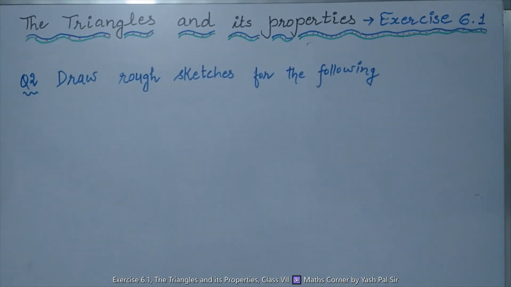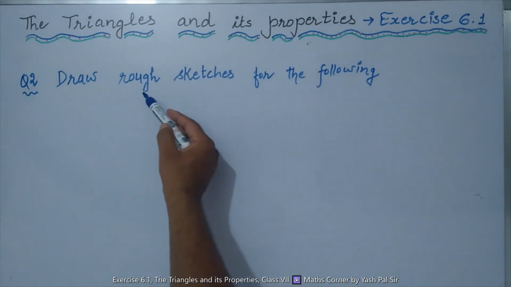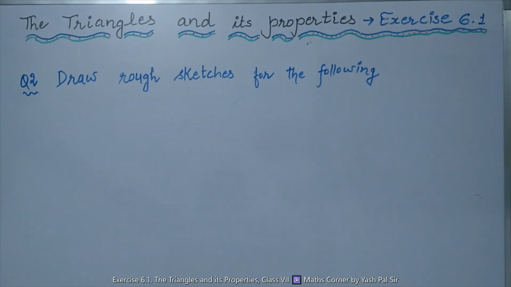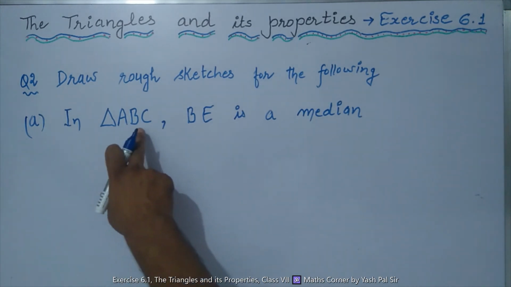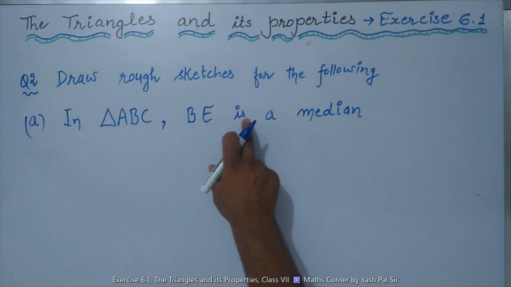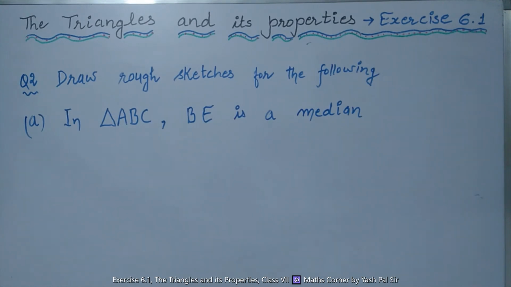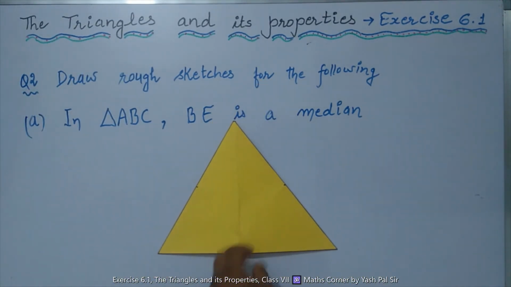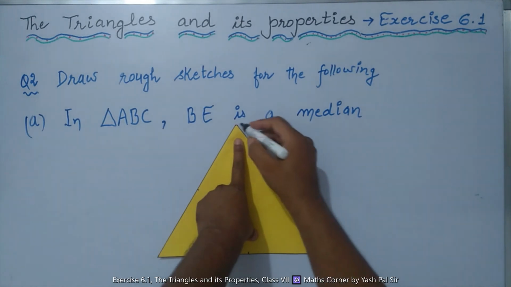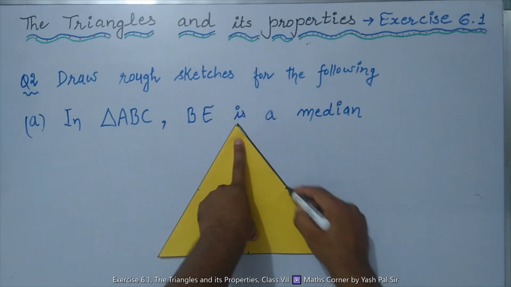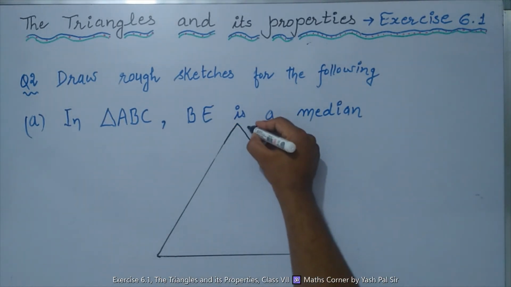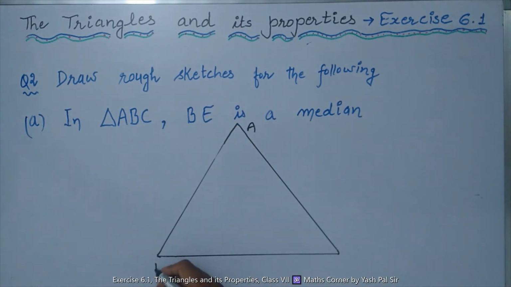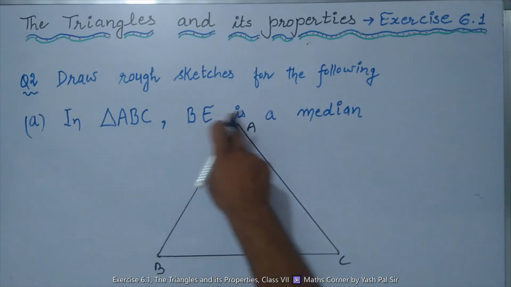Now our second question is: draw rough sketches for the following. First is part A. In triangle ABC, BE is a median. Here again we can take the help of the same paper piece where we have one triangle. Here the name of the triangle is ABC. So what is the median? BE.